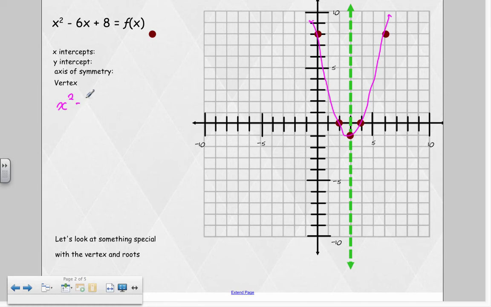X squared minus 6x equals, and remember we take the 8 and we put it in the closet. We put it over on the other side for a while because we don't want to deal with it. I take half, so that's negative 3, and I square it to get 9. And then I add it to both sides.